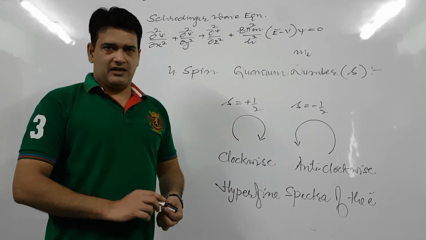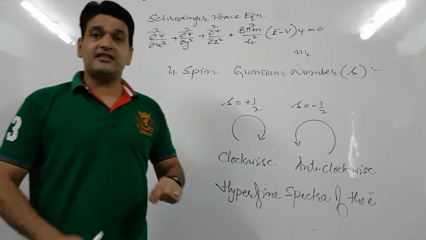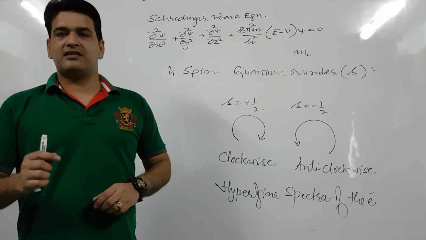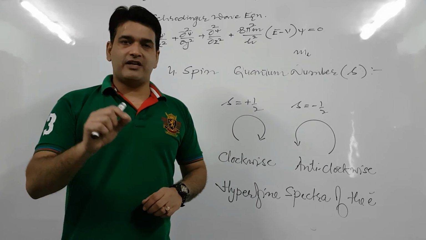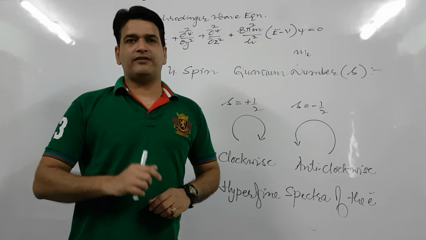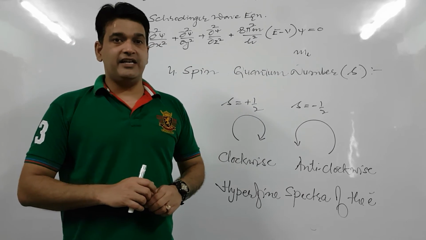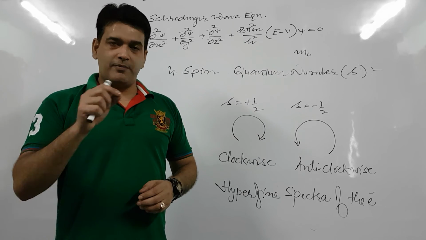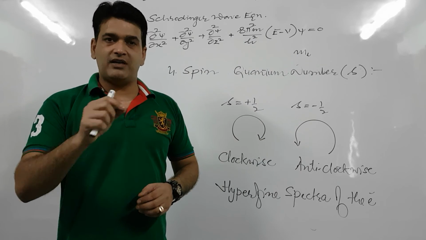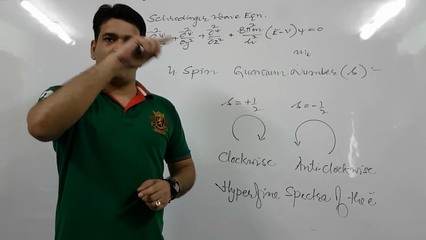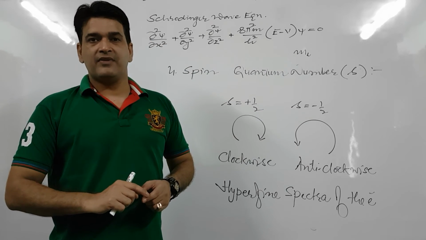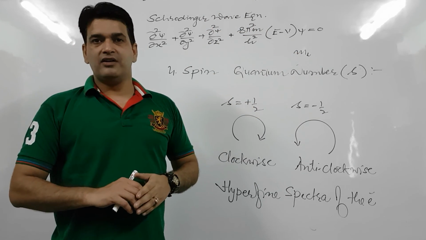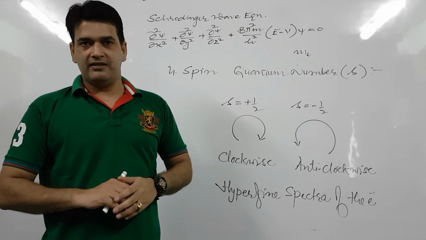And if I ask the question in the end, how many quantum numbers are required to explain the orbital of the electron, then obviously the answer will be 3, because the magnetic quantum number depends upon the azimuthal quantum number, and the azimuthal quantum number depends upon the principal quantum number. So all 3 will be required.